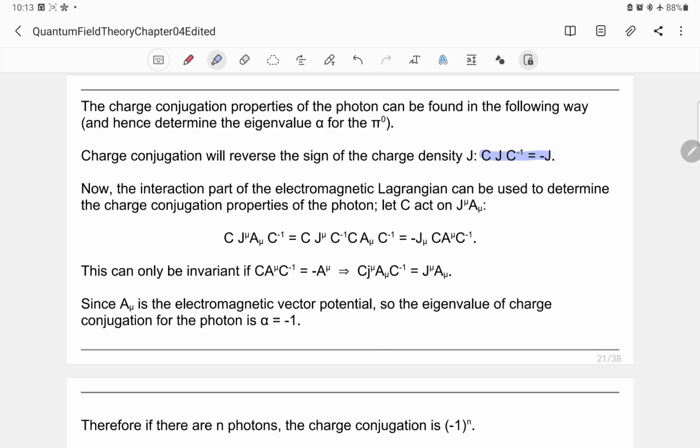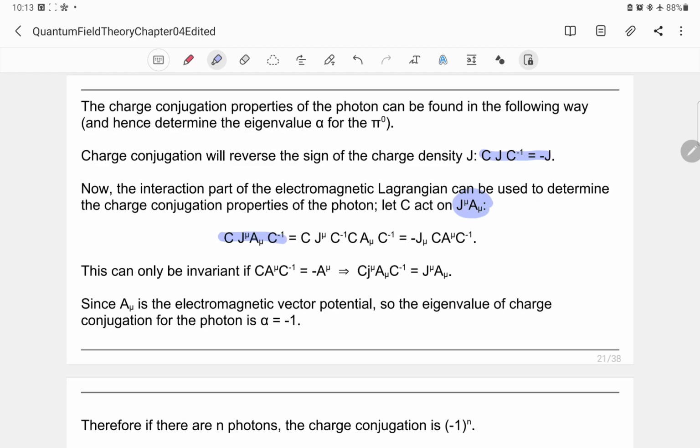Now the interaction part of the electromagnetic Lagrangian can be used to determine the charge conjugation properties of the photon. Let's see it act on this one. The field A representing the photon, and then you have the current density.